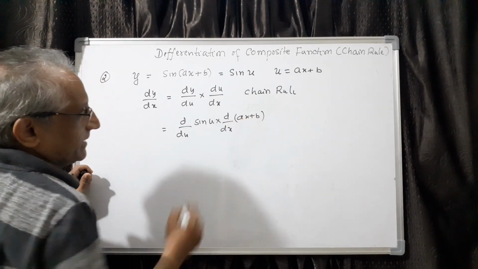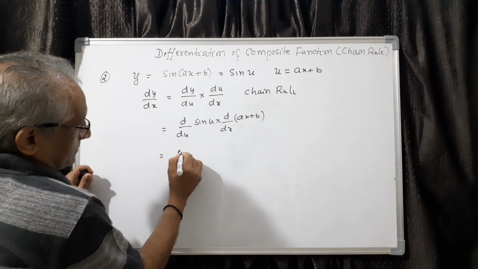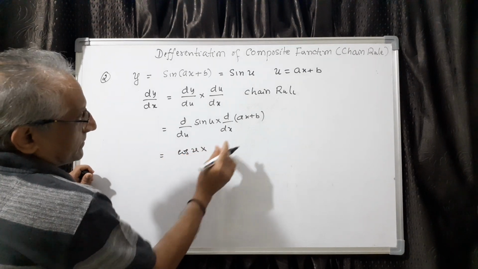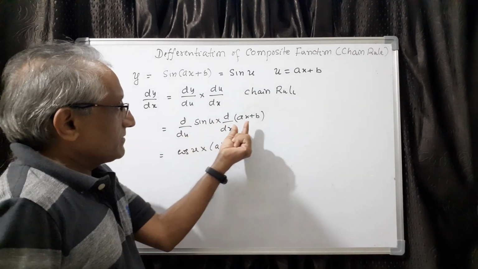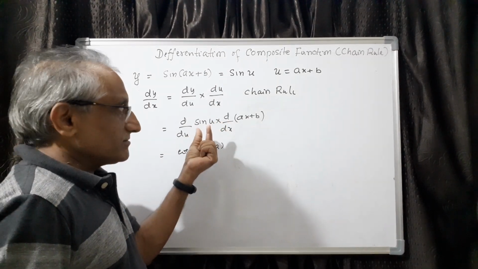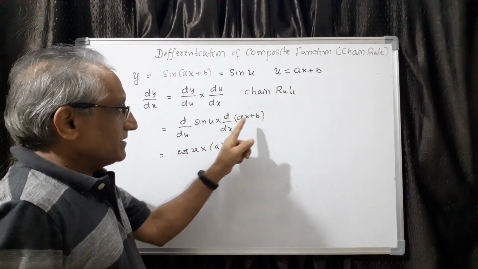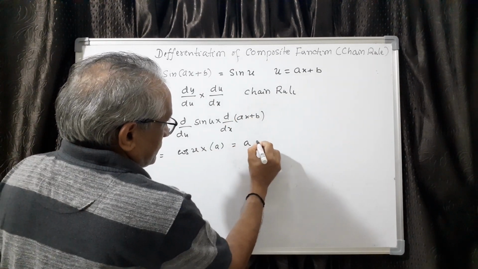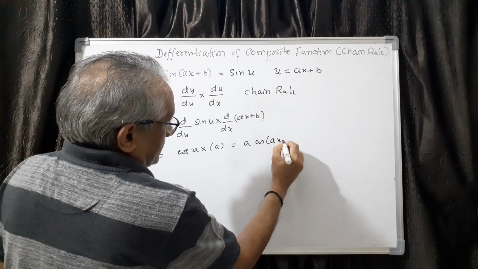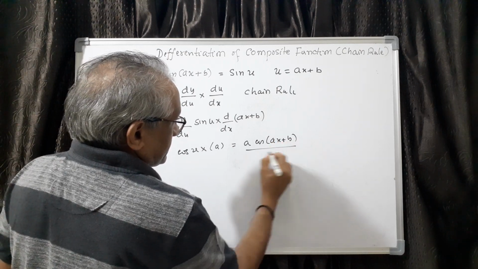Of course, you have to put a bracket here. So this is cos u into the differentiation. This is a because d by dx of ax, a is constant comes out, d by dx of x is 1, d by dx of constant b is 0. So this is finally a into cos of ax plus b is the answer.